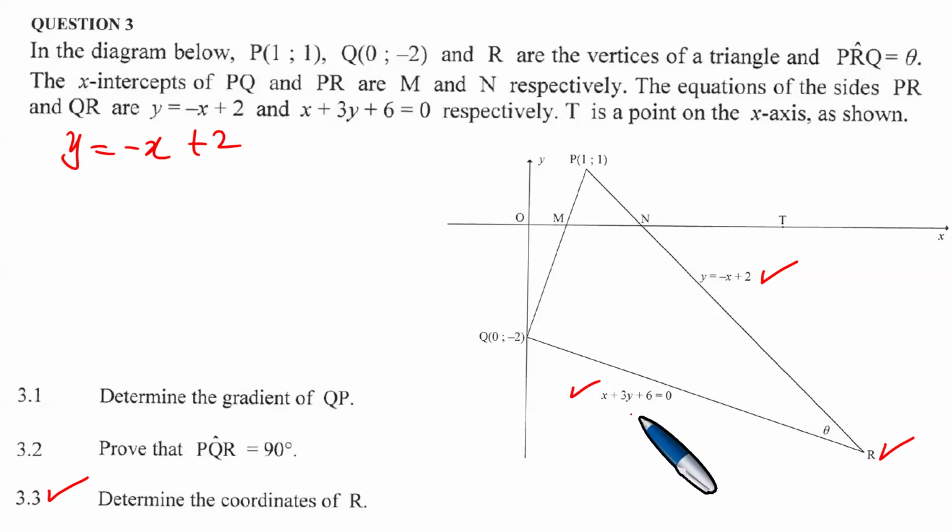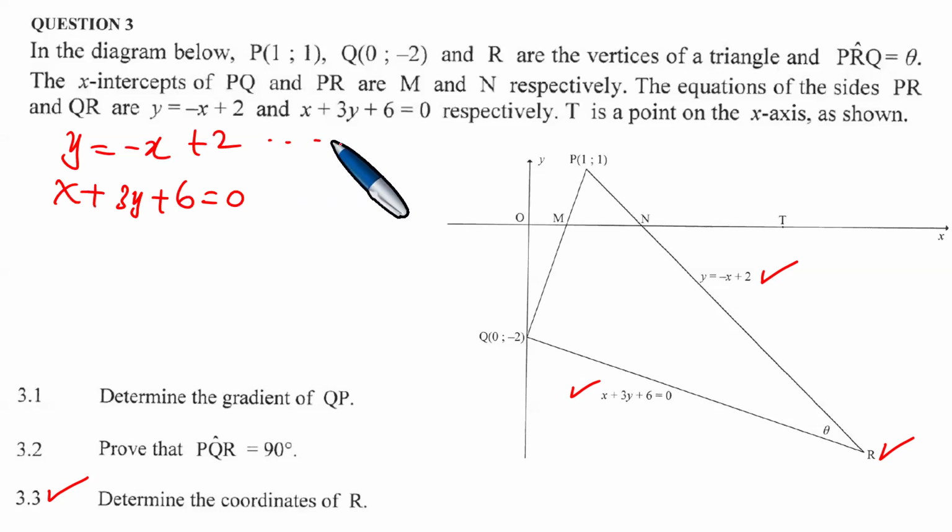The next equation is x plus 3y plus 6 equals 0. These are the two equations. We're going to go back to grade 10 and use what we call the substitution method. We can also use elimination.